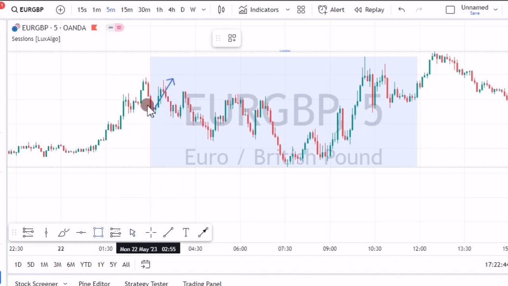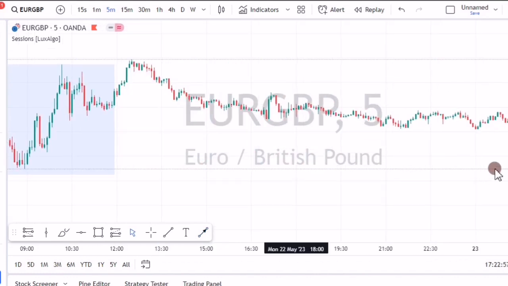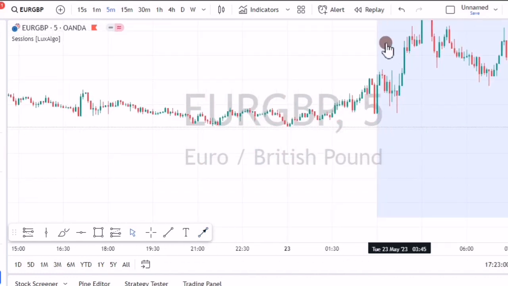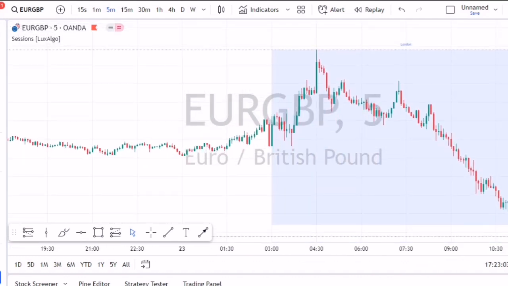And when price changed direction, you would have entered sell trades. Let's take the last one so I can show you how to set up this thing.